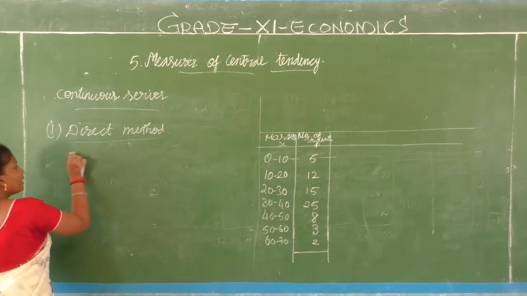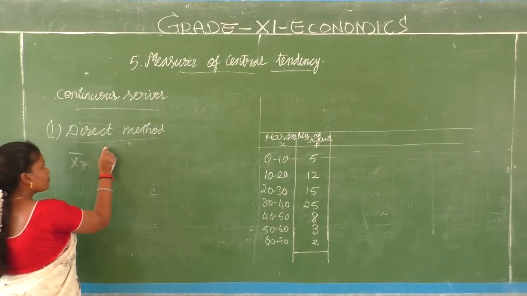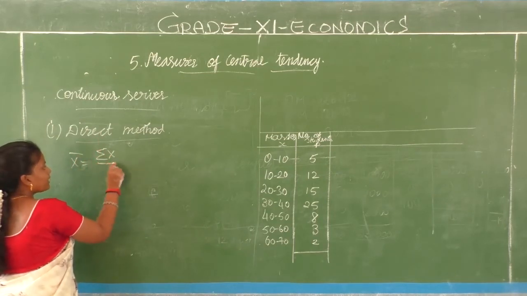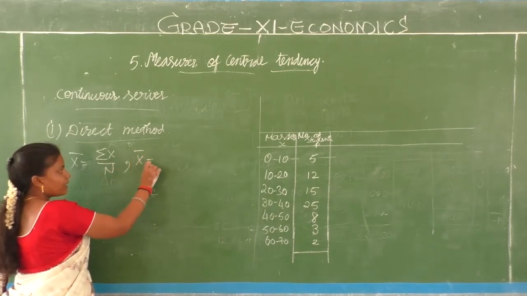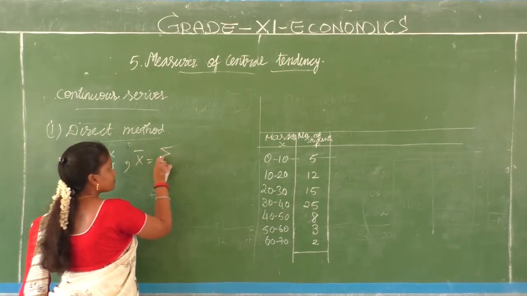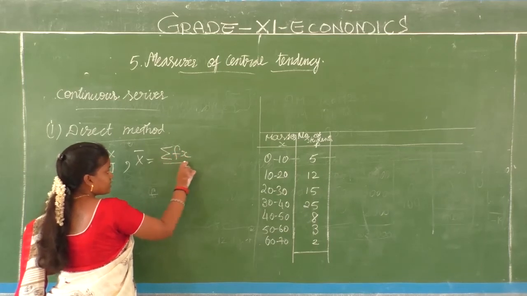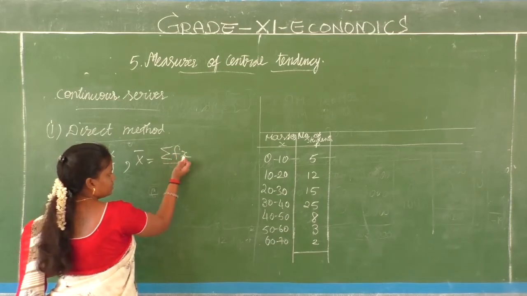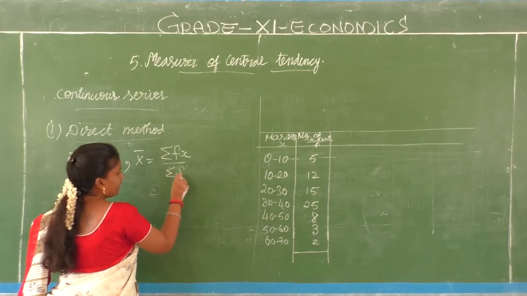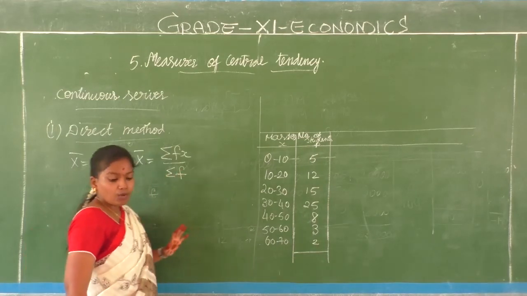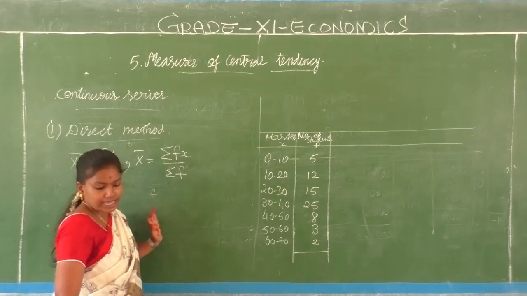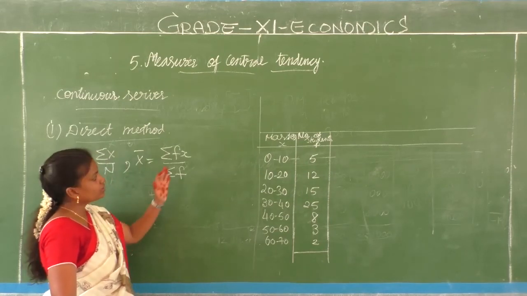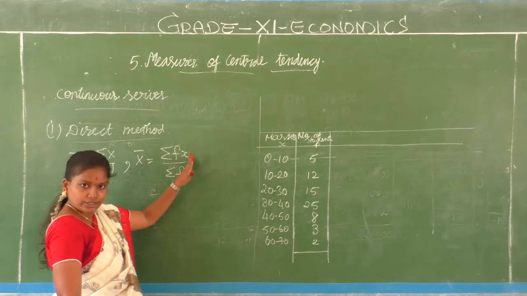We know x bar is equal to sigma x by n, right? Then we know x bar is equal to sigma fx by sigma f. Now what are we going to use? In the direct method, instead of x, what value are we going to take, children?